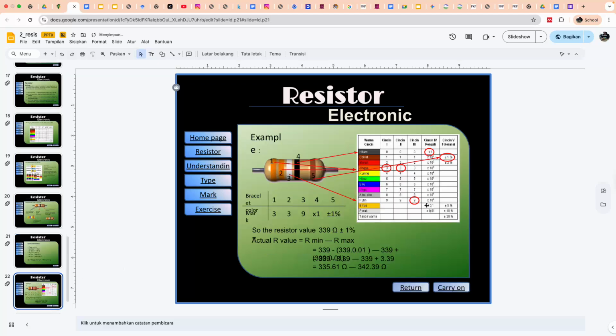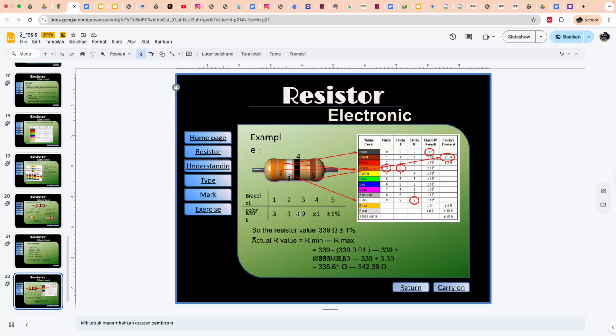And then this is an example. The first one is orange. We can see here, orange, and the first bracelet is 3. The second one is still orange, this is 3 also. And the third one is white; white is 9.